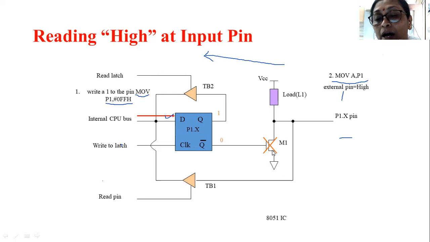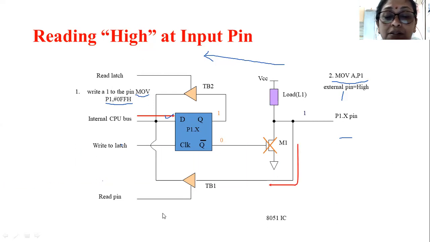Now, as you can observe here, the MOSFET is turned off. Now, what is done? When this MOSFET is turned off, all of you know this VCC voltage will be present at the port pin. So VCC voltage is present at the port pin and the port pin will become logic 1.